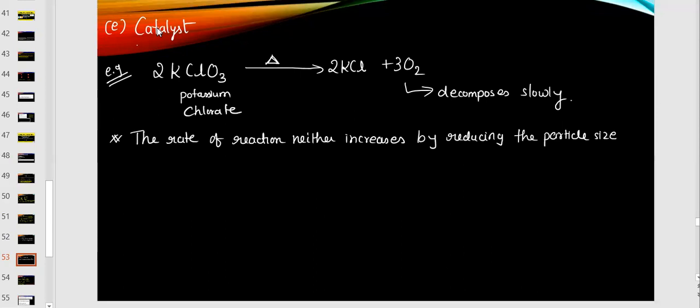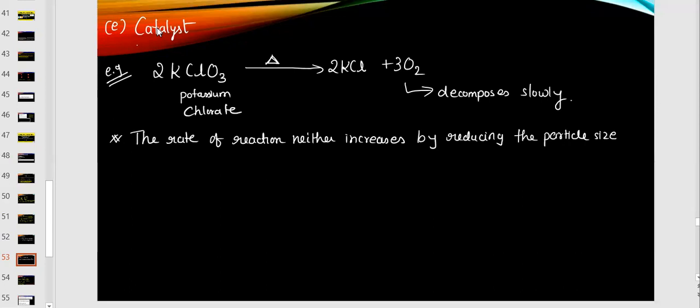That's why this point is written here. The rate of reaction neither increases by reducing the particle size nor by increasing the reaction temperature. Even by heating, by giving temperature to this reaction, nothing changes. So they did this trial to see how to make it a rapid reaction.